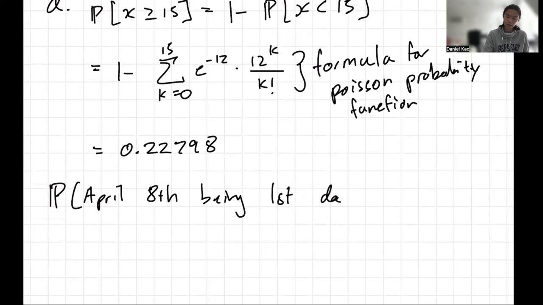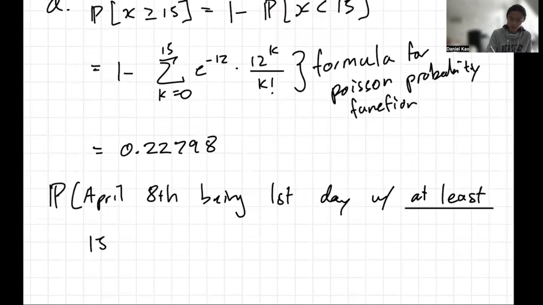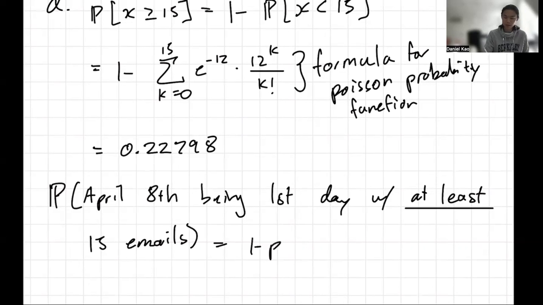day with at least, that's an important thing, that at least, right? 15 emails equals, again, the same distribution, 1 minus p to the 7th times p.